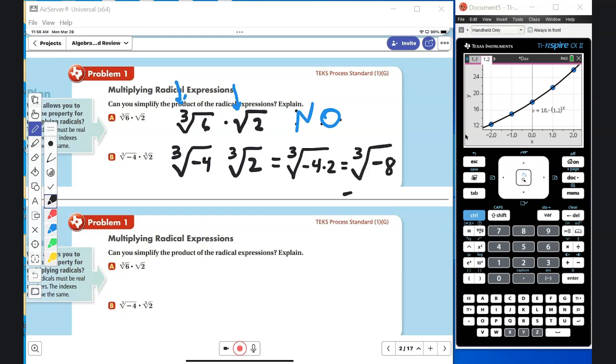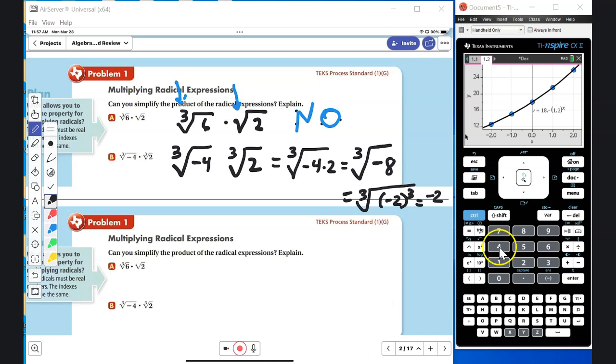And remember that -8 can be written as -2 to the third power. Notice that the index and the power are the same. So when you get the cube root of -2 to the third power, it's just going to be -2.